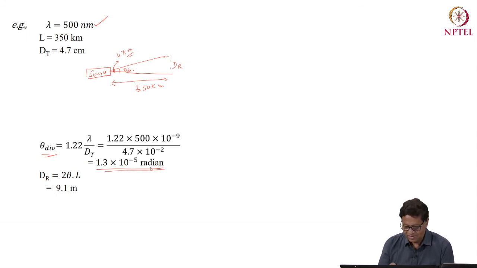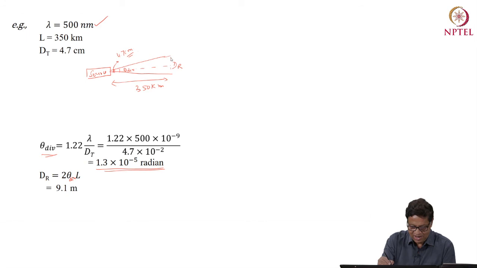So it is in microradians, 0.13 microradians. And this is dr by 2 and theta div by 2. So you can write dr is equal to 2 theta L. Actually, this is the divergence into L, where L is 350 kilometers.